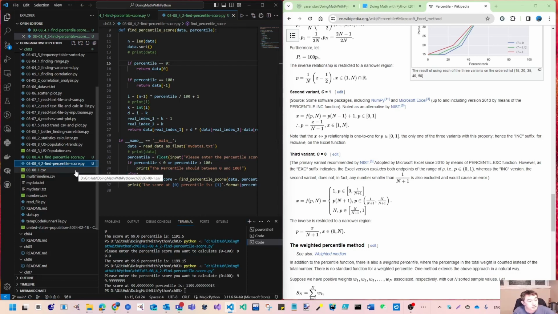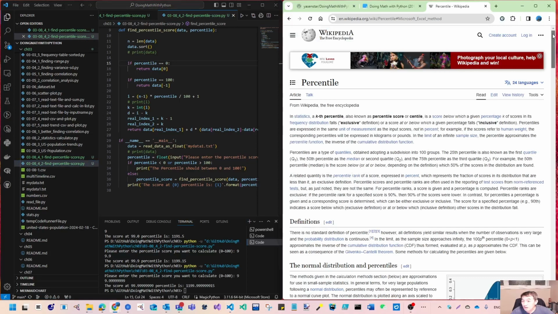I hope you can also find yourself through these two codes the difference and the relationship, and welcome to read this wiki page. It gives you more information about the percentile from the mathematical detail. I hope this gives you some additional insights on percentile calculation.